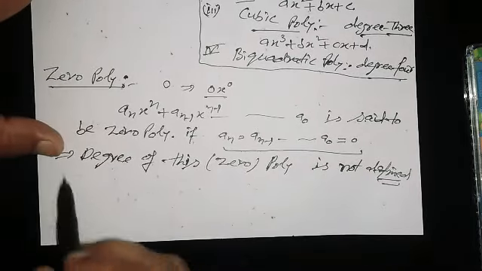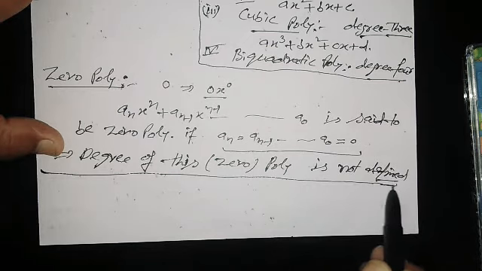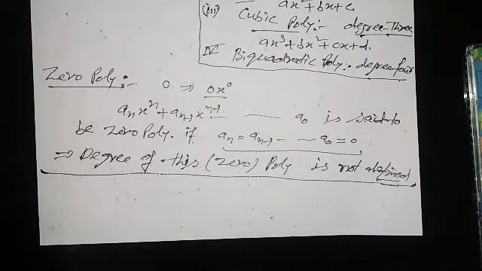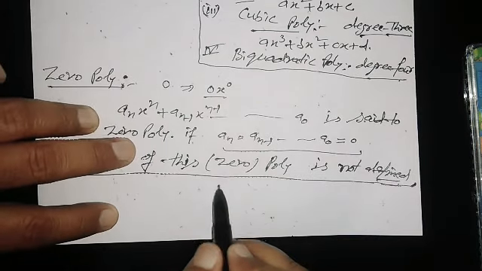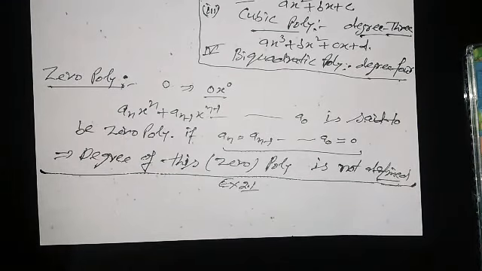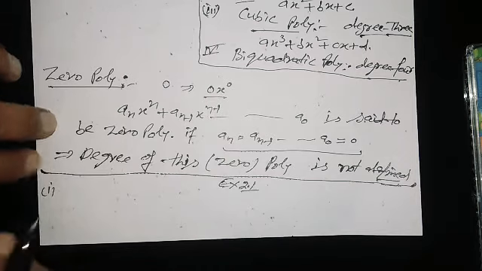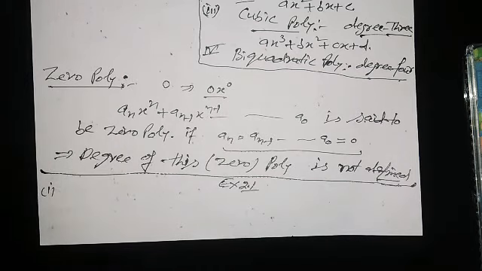So according to the syllabus of this book, all these points are completed here, and now we can come to exercise 2.1, having 5 questions, and I will try to solve them. The first question is, which of the following expressions are polynomial in one variable and which are not?